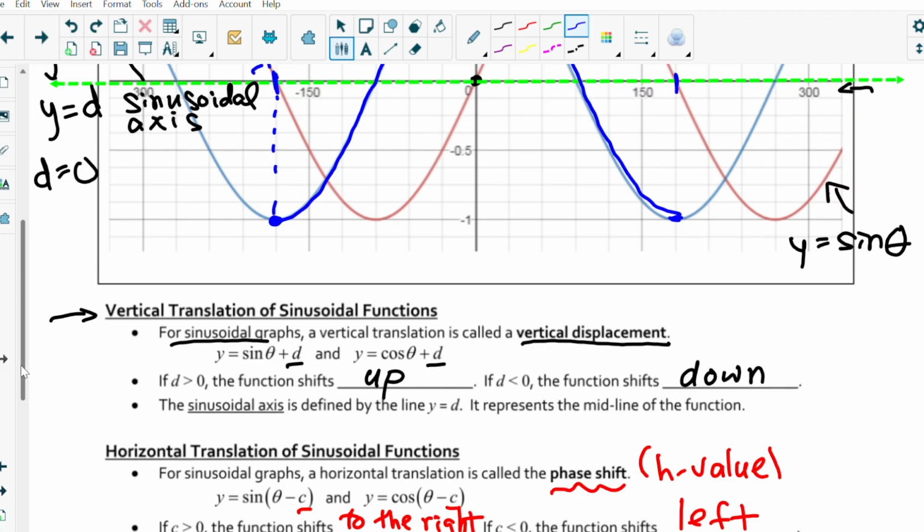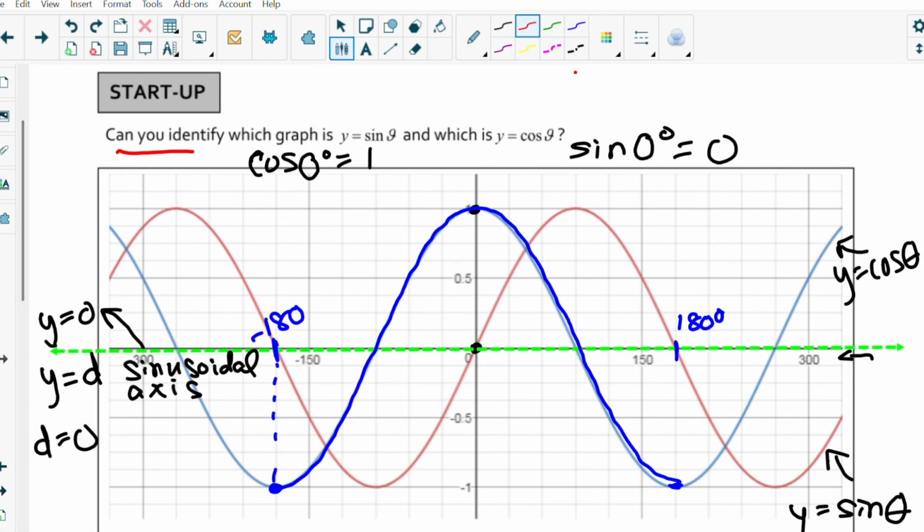For the sine function, if I start here, that is at negative 90 degrees, and then I do one full cycle. That is 150, 180, 210, 240, 270 degrees.